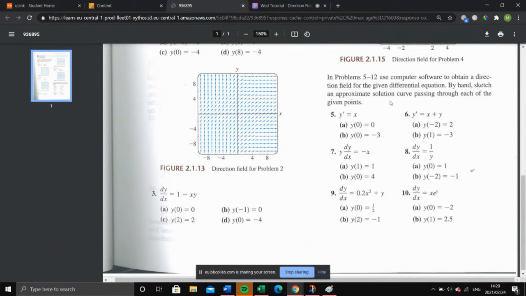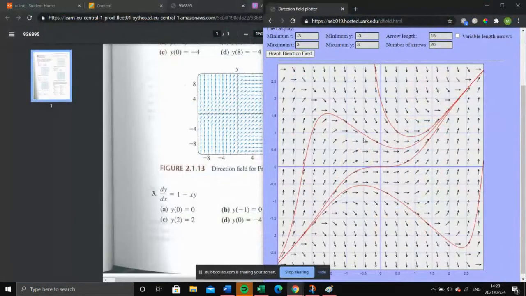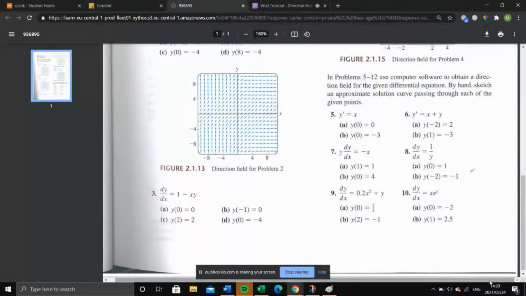By hand, sketch an approximate solution curve passing through each of the given points. You can use this plotter as your computer software to generate your fields. I'll also put the link to this website in the document after the tutorial.